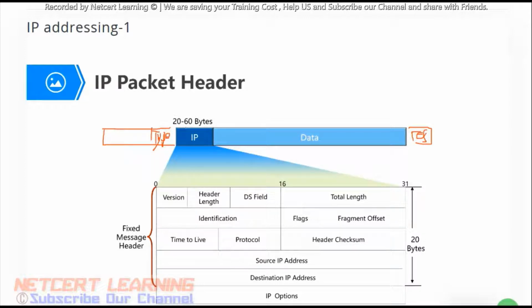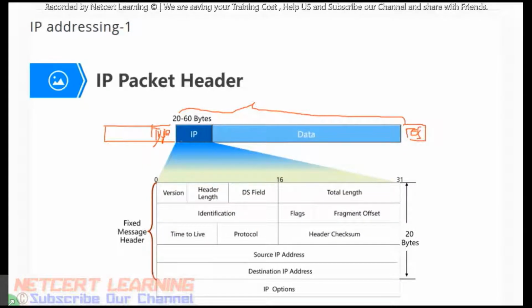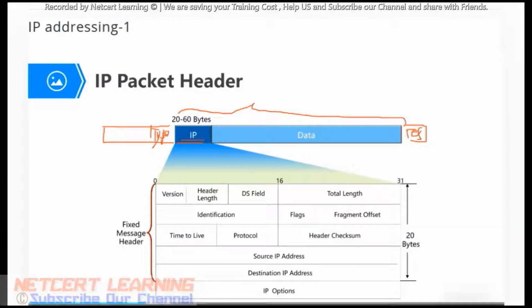Then this is the layer 3 packet, and in the layer 3 packet, first is the IP header, and then the data. Of course, this data is the layer 4 segment.